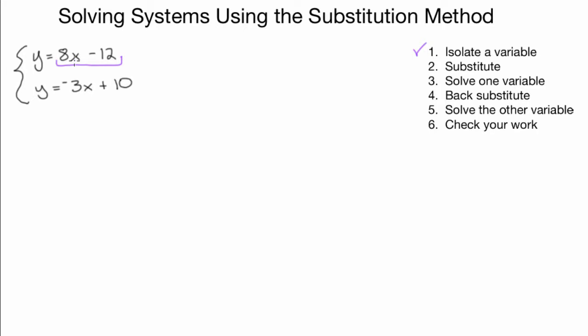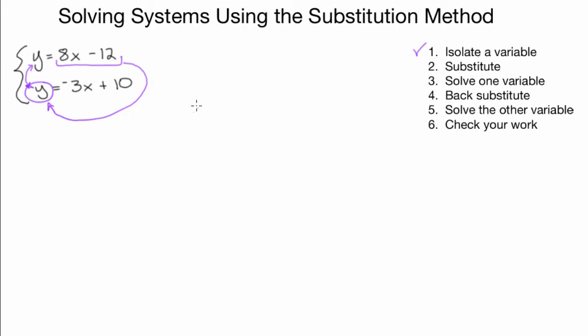It's the same thing. This y value here is the same as this y value. So what we do is substitute all of this 8x minus 12 in place of the y value in the other equation. They're the same y value, so I can substitute what y equals.